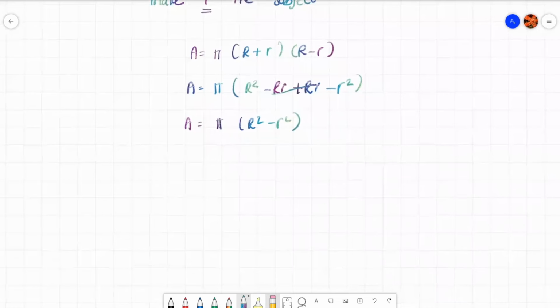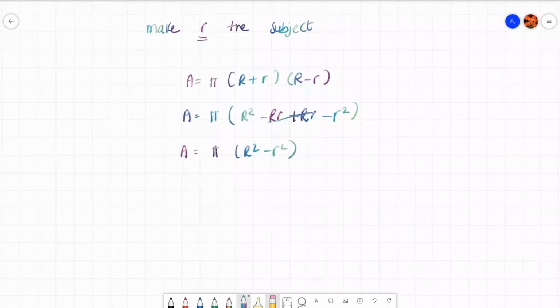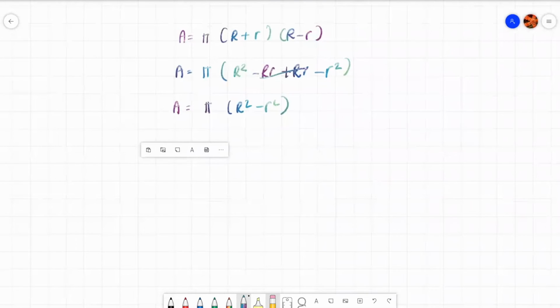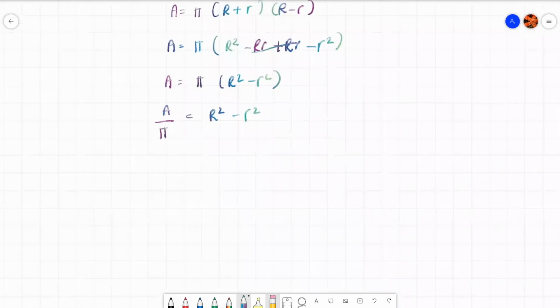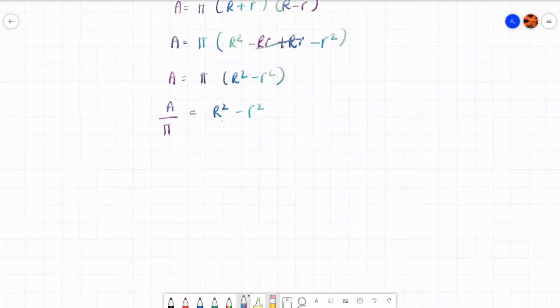Now what am I making? Making little r the subject of the formula, aren't I? So I'm going to divide by pi first. A over pi equals R squared minus r squared. Now I can get rid of this capital R squared. I'm going to do A over pi minus R squared equals minus r squared.